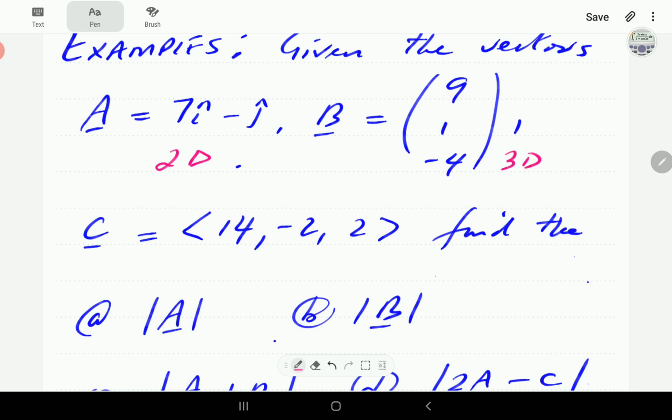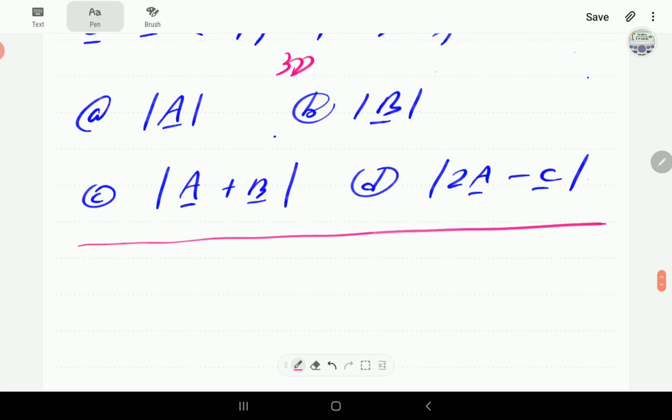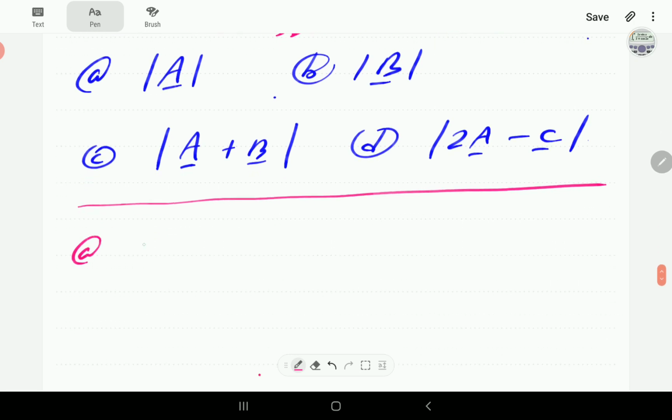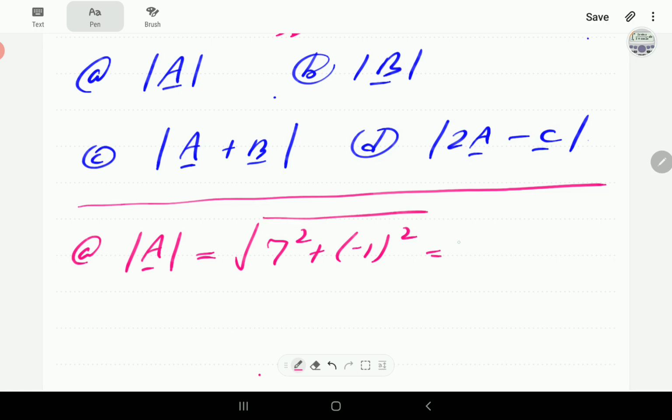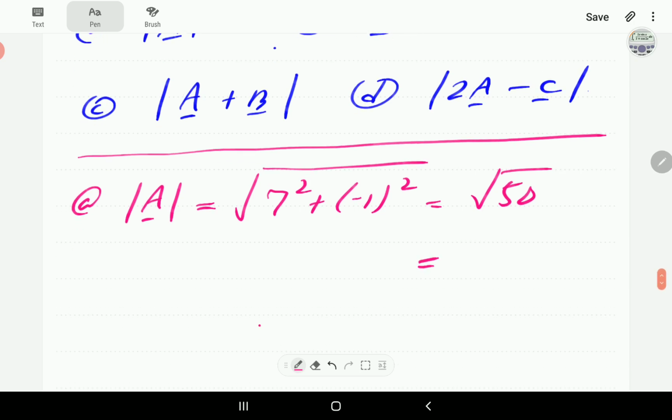The others are three-dimensional vectors. So for the magnitude of A, the x component is 7, the y component is -1. So this is going to be the square root of 49 plus 1, which is square root 50. This is going to be 5 root 2.